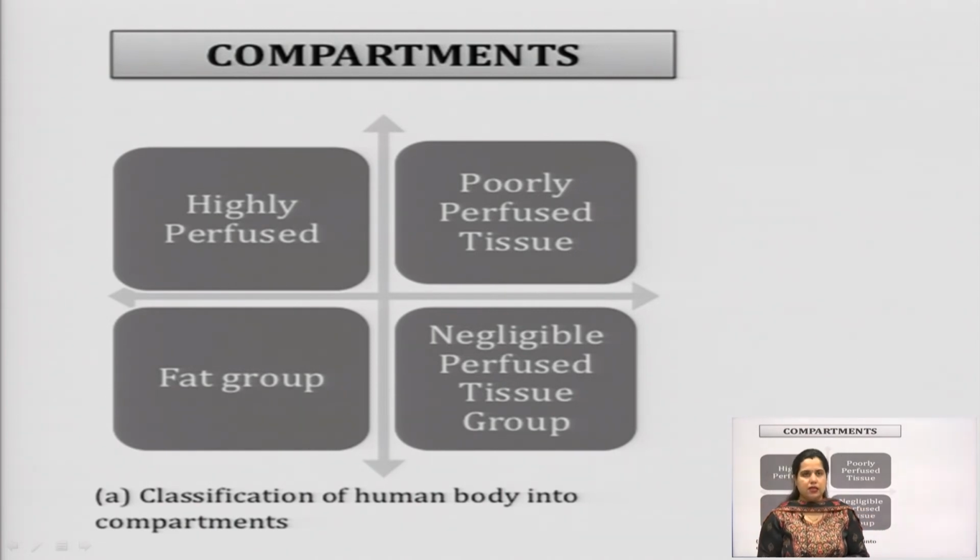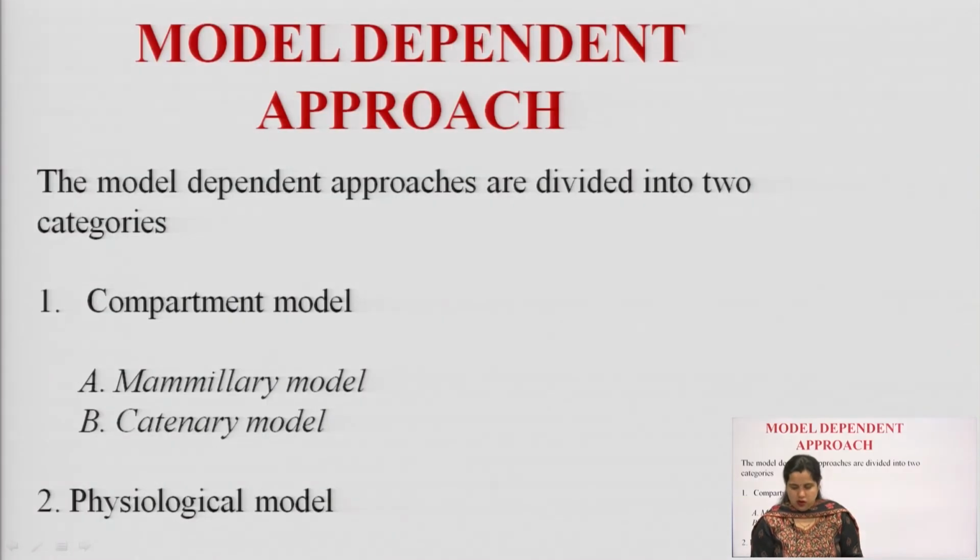So, we can say that the binding affinity of the drug will be high in highly perfused areas and lowest in poorly perfused or negligibly perfused areas. So, model dependent approaches.